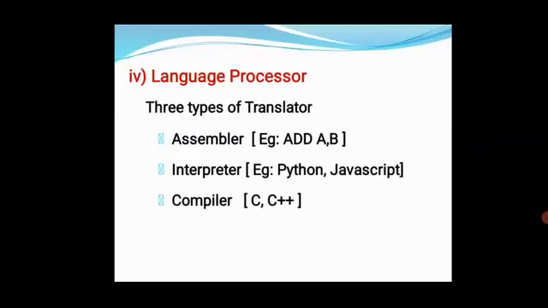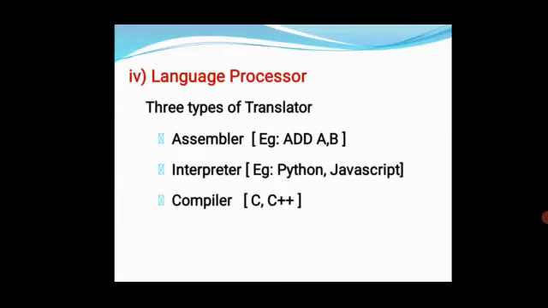But machine language means the machine will understand only two digits, zeros and ones. How can we convert the high level language, that means human understandable language, into machine language? We need a translator, isn't it?